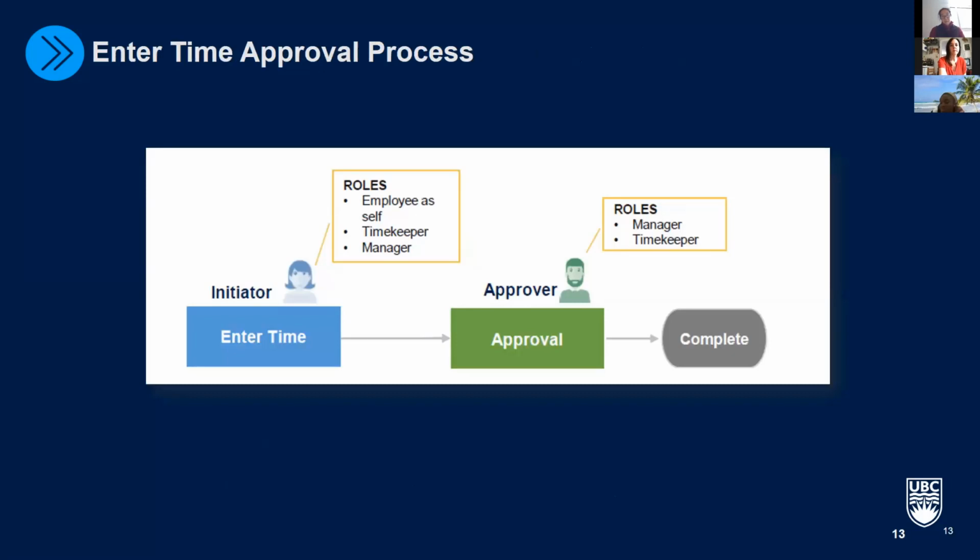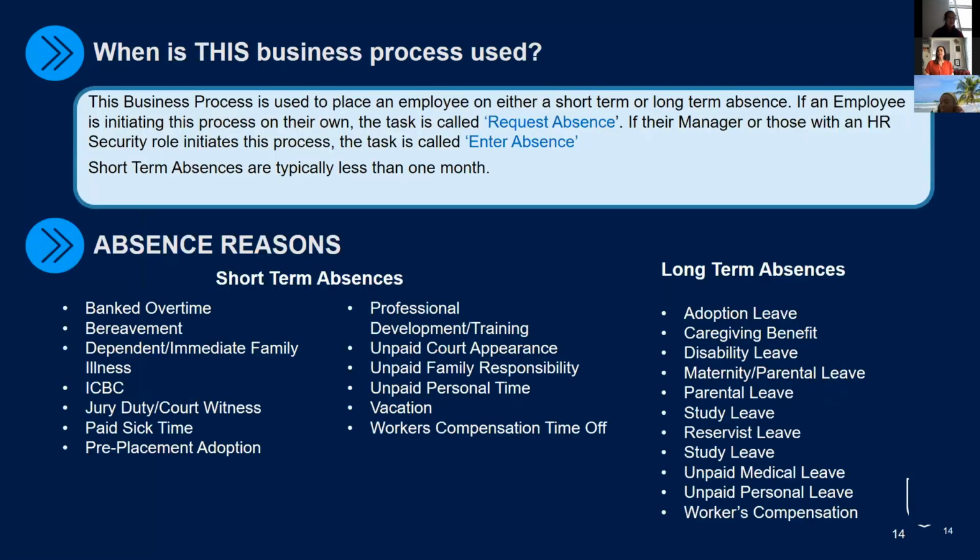Okay. So this just talks about the business process. The employee can enter the time, the timekeeper can enter the time, and the manager can enter the time. So you as a manager can go in, but I presume you don't want to do that. So it's probably best to contact Amy or myself, and then we can help your employee enter the time correctly. The approvals are the manager or the timekeeper, myself, and then the process is complete.